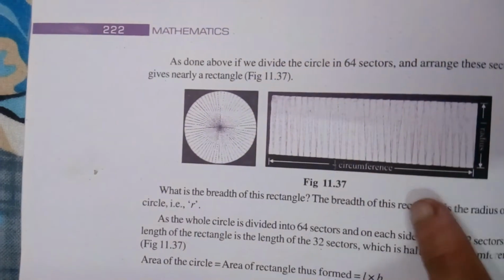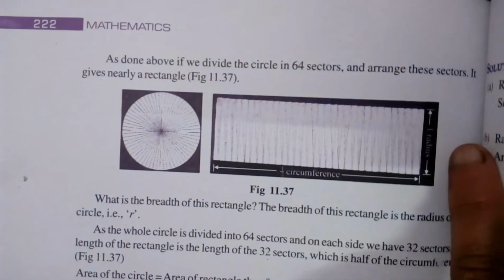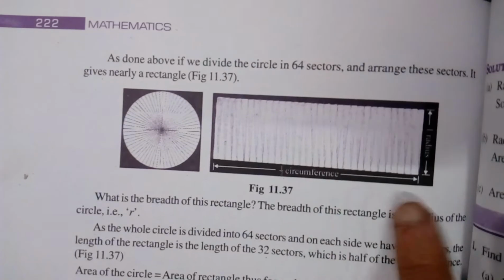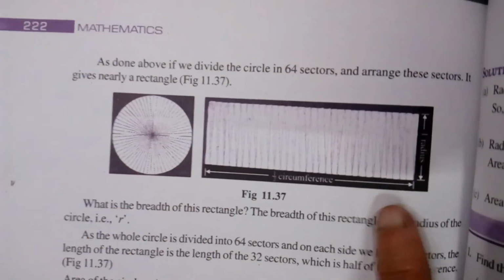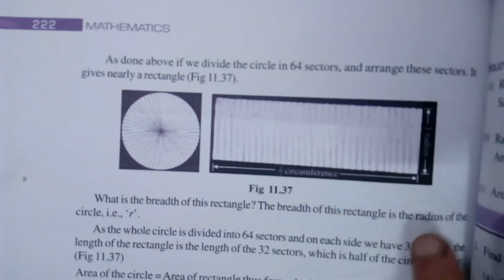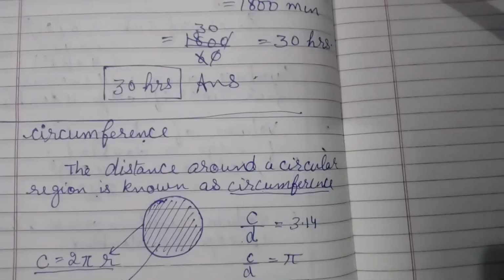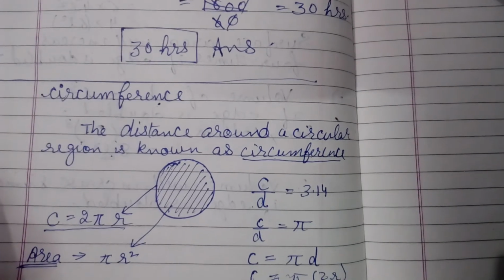So it turned into a rectangle. And what is the area of a rectangle? We all know that it is length into breadth, and here length is half the circumference, so length becomes pi r and breadth is r, so pi r into r, that is pi r square. Therefore the area of a circle is pi r square.